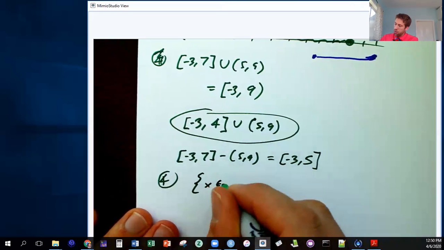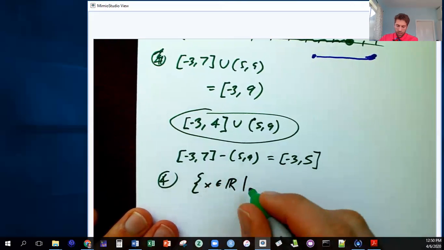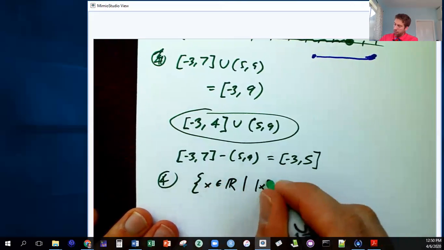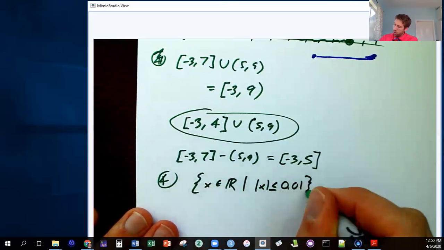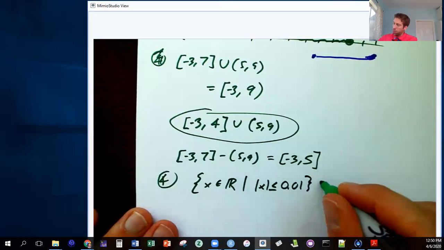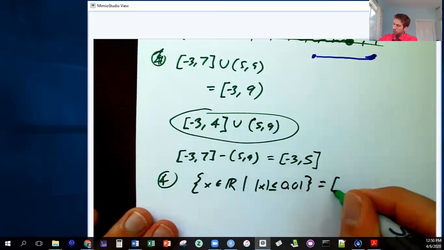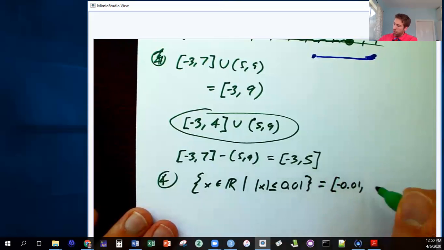So x in the real numbers such that the absolute value of x is less than or equal to 0.01. When you have this less than or equal to, that's equal to [-0.01, 0.01].